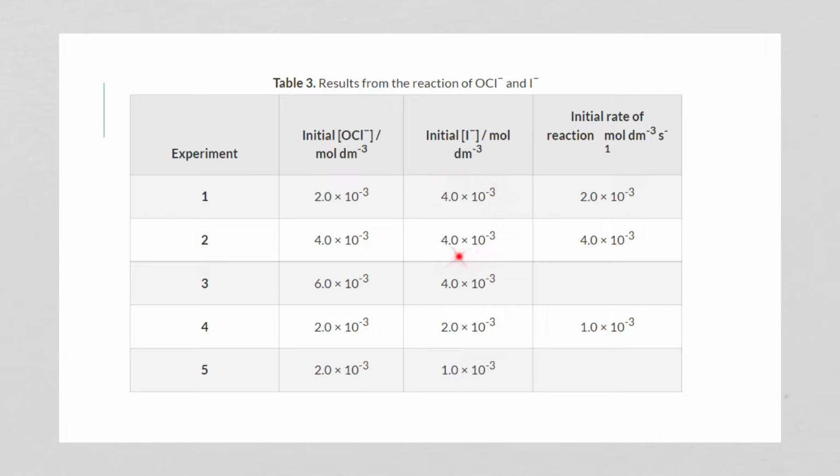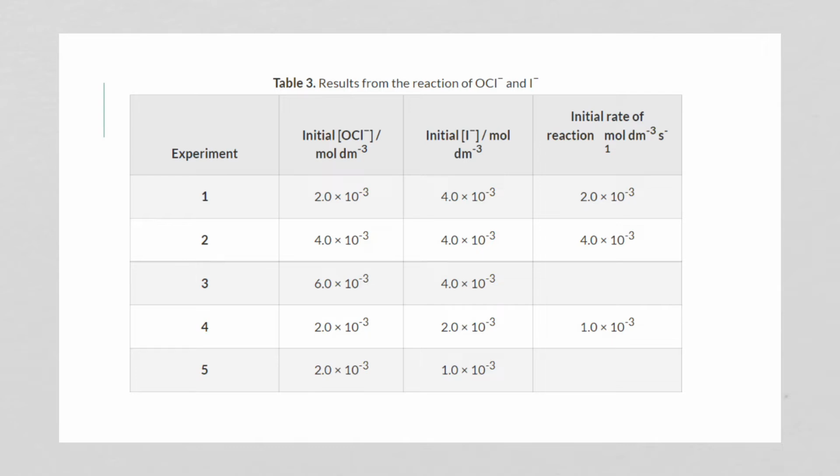We kept the concentration of the second one the same. But if we look at what happened to the rate, it doubled. So it went from 2 to 4. So we can say then it's increasing proportionally according to the concentration of reactant 1, the first reactant. So the order of reaction for the first one is 1 because it's increasing proportionally.